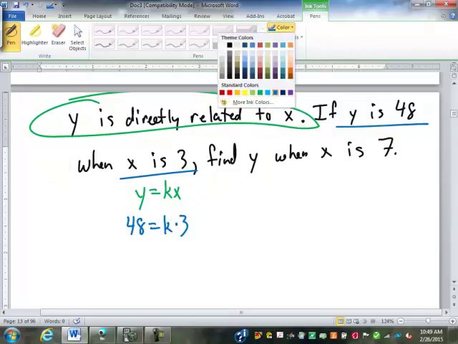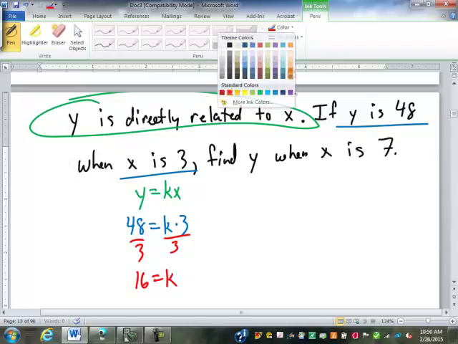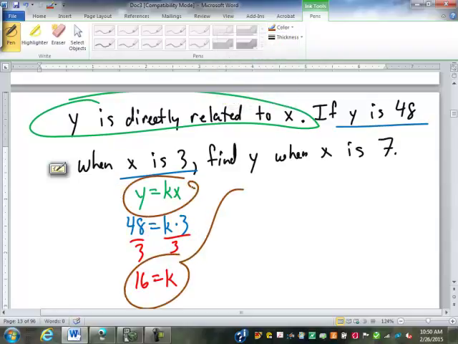Very good. Y is 48 when x is 3, so we put in 48 for y and 3 for x. 48 equals k times 3, so now what? Divide by 3 to get 16 equals k, which means y equals 16 times x.